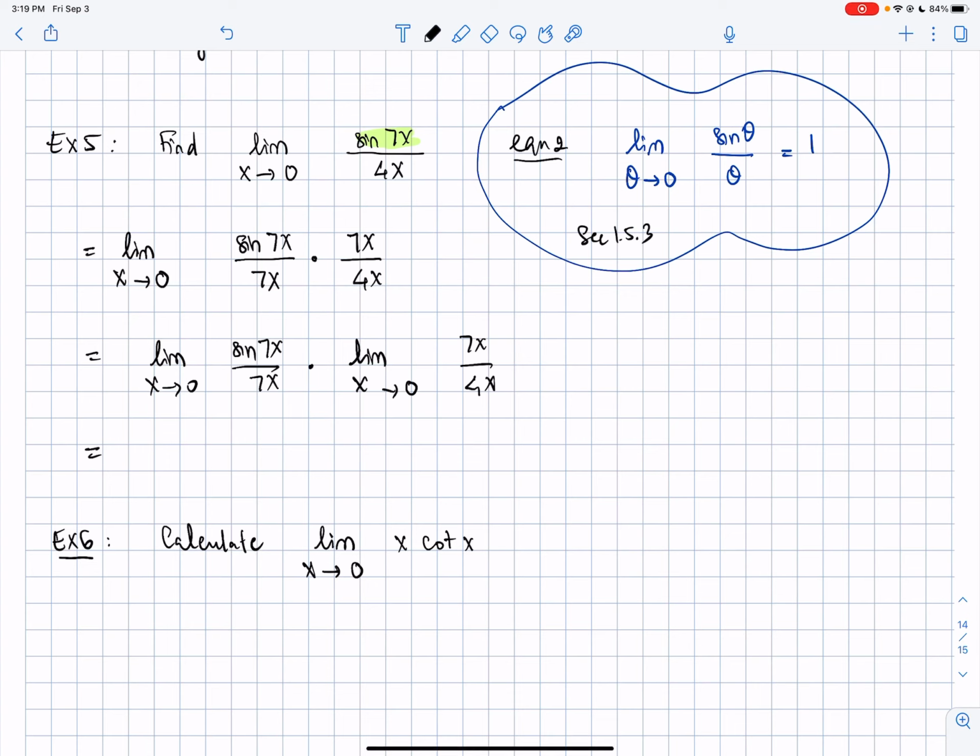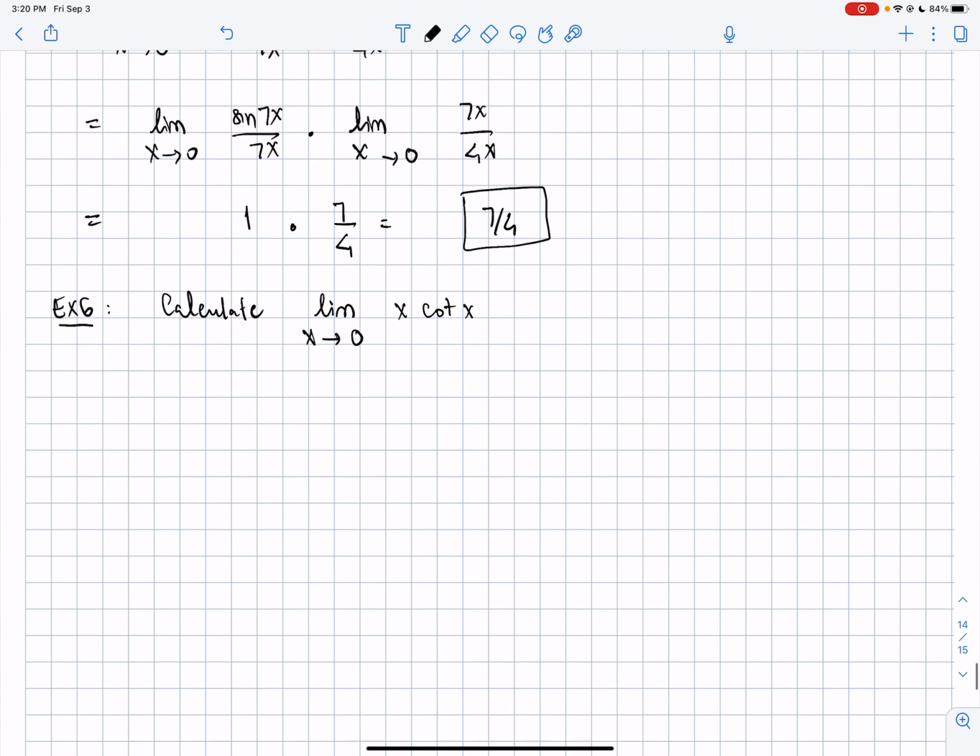Then sine of 7x over 7x, when we take the limit as x approaches 0, will equal 1, times 7x over 4x. So we can cancel out the x, and we have 7 over 4. Then the answer is 7 over 4.